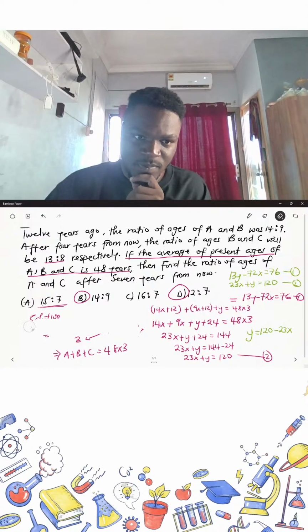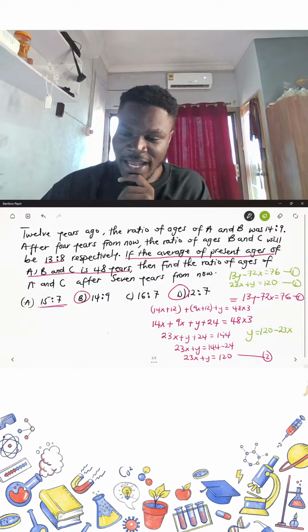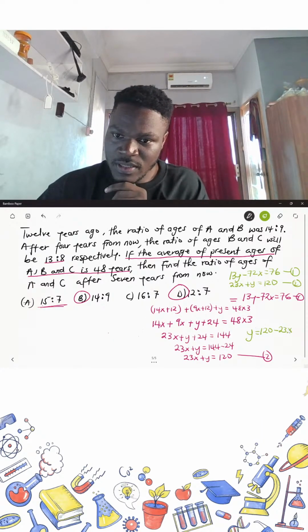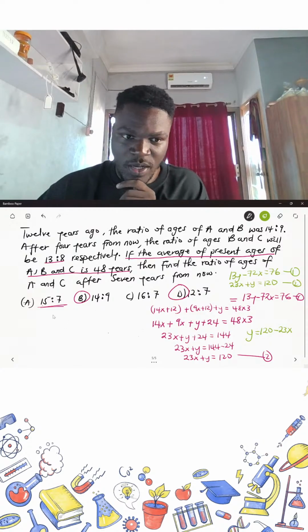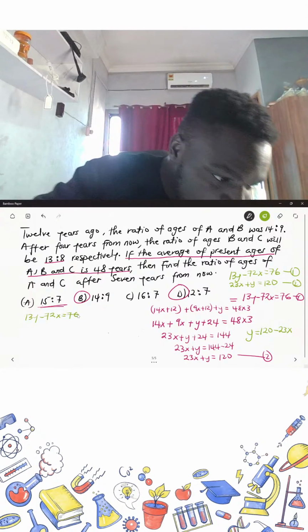So therefore, let me erase this side. I'll put the expression for y into equation 1. So equation 1 is 13y minus 72x is equal to 76.